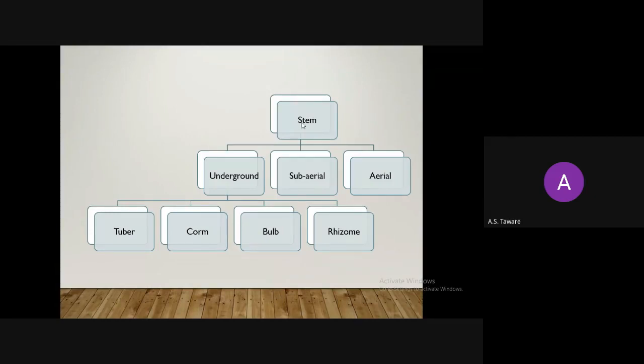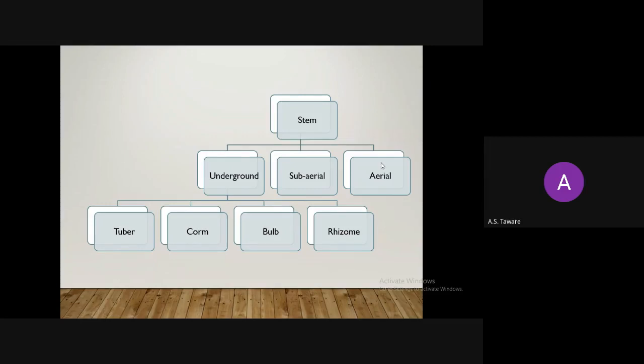So after this, we observed the different modifications. You can write down the chart in your notebook so that you are able to remember what you have to write. In the modified stem system, the modifications are categorized as underground, subaerial, and aerial.